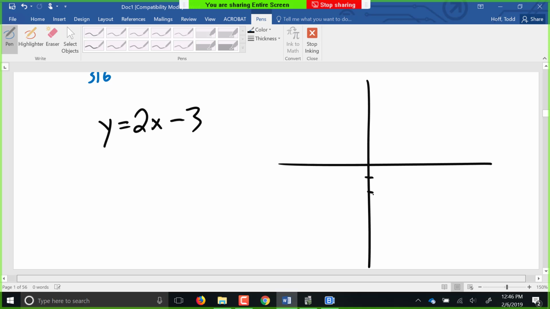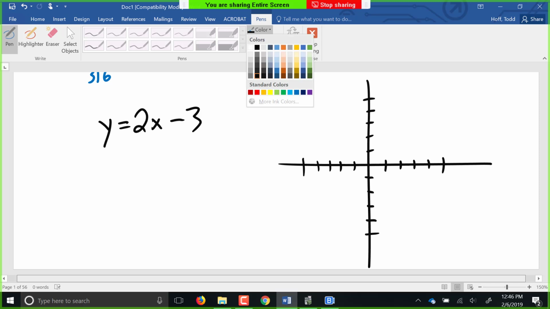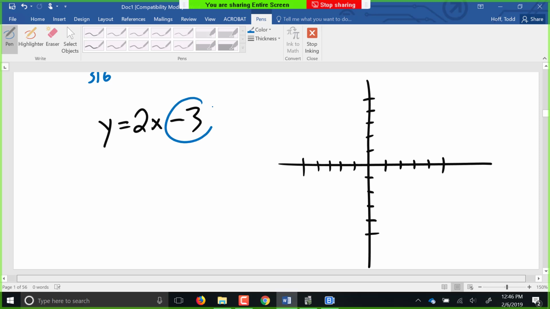And when we look at the equation, what's being done to our x variable tells us what happens with each of those two aspects. The minus 3, we subtracted 3 from our variable.